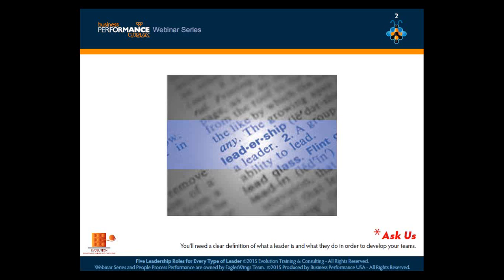That may seem really obvious, but I imagine if you put 10 people in the room and ask them the definition of leadership, you may get 10 different answers. And it really helps to have your organization come together on a single focused definition of what leadership is.